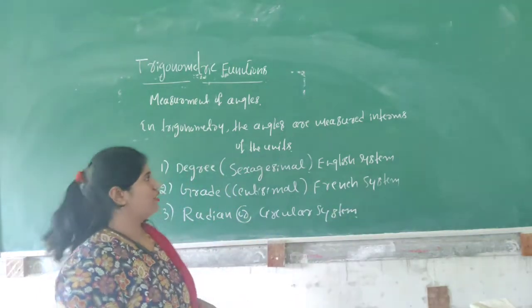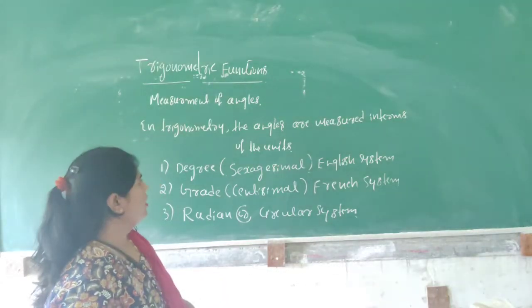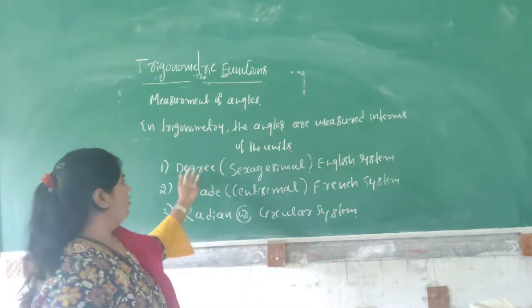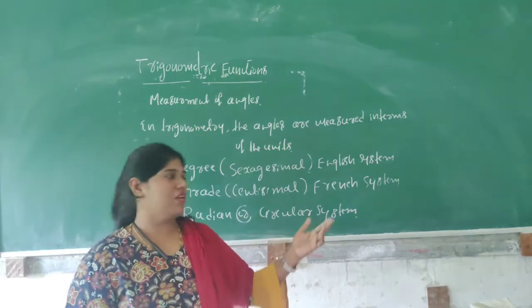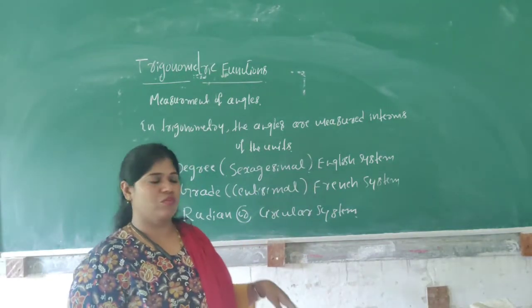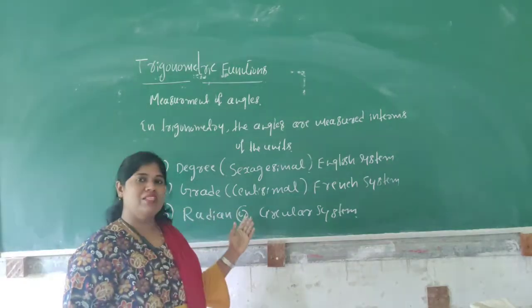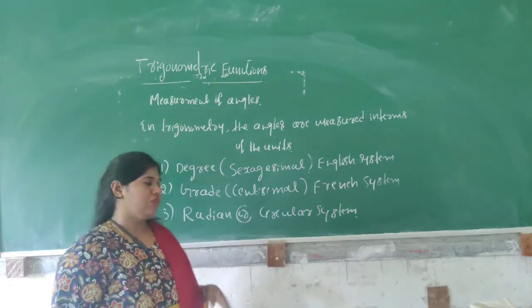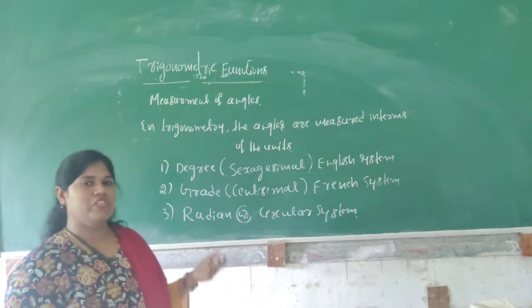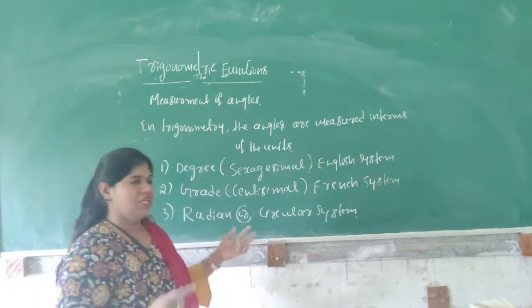So in trigonometry, the angles are measured in terms of units. The first one is degree measure, or sexagesimal measure, or English system. The second one is grade measure, which is centesimal or French system, and the third one is radian measure or circular system.